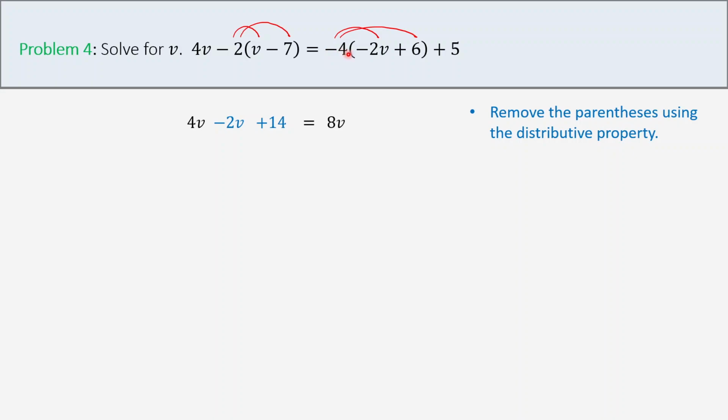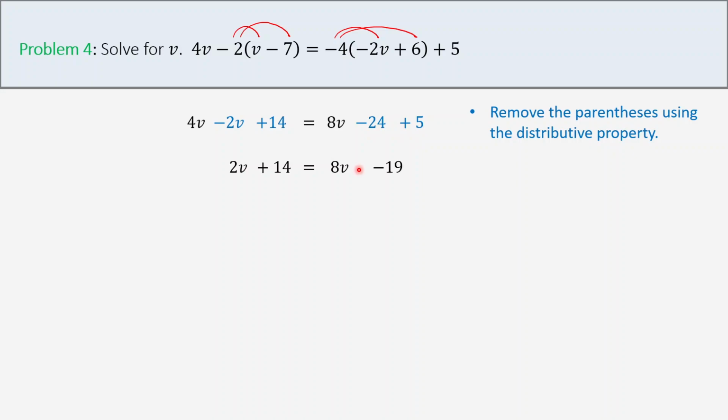Multiply 4 and positive 6, you get 24, plus 5.